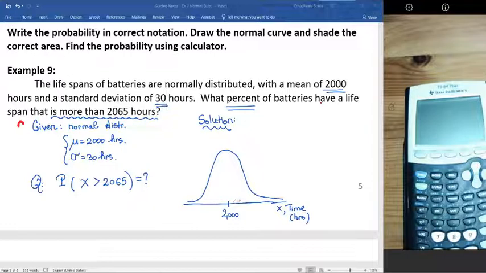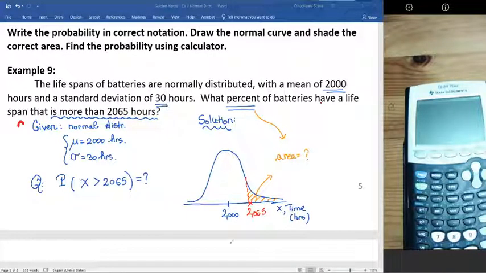So 2,065, well, I'll just put it here somewhere. And I'm using this to shade one of the regions under the curve because it says more is pointing to the right. So here is the area or the percentage, percent area probability. This is what we want to find.